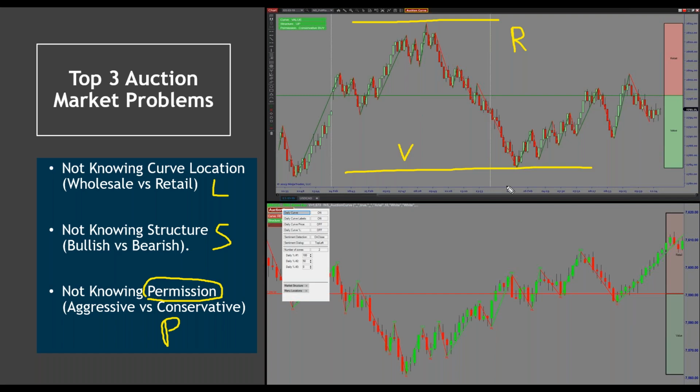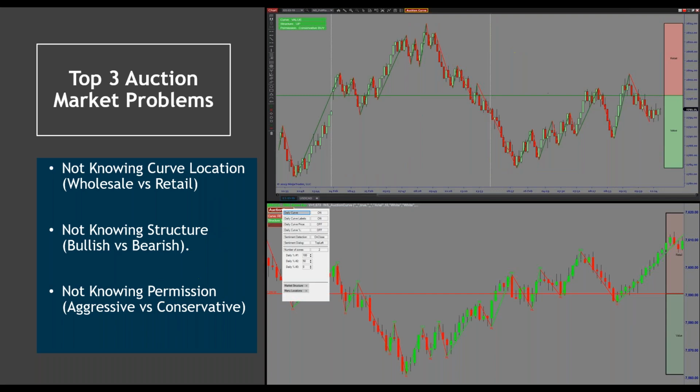People obviously give themselves permission to do the wrong thing all the time. That's why they lose money. You can even give yourself permission to do the right thing and still lose money, but the goal is to lose a little bit of money, not a lot. That's the difference between profitable trading and struggling, okay?